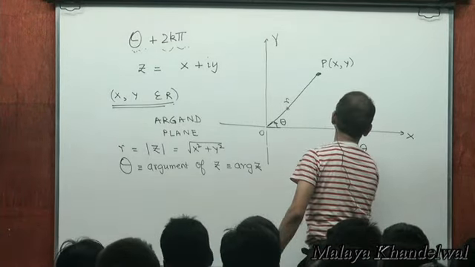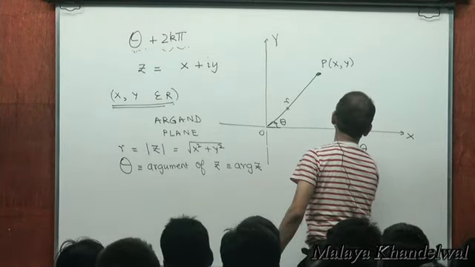So one of the values of the argument is 3 pi by 4. Another value of the argument can be 2 pi plus 3 pi by 4. And do you realize that this angle is 5 pi by 4 in magnitude, but because it's clockwise, it's minus 5 pi by 4. So this is also an argument. And minus 5 pi by 4 plus 2 pi will also be an argument. These are all permissible values of the argument, but it's this value 3 pi by 4 that lies in the interval minus pi to pi, which will bring us to the principal value of the argument.